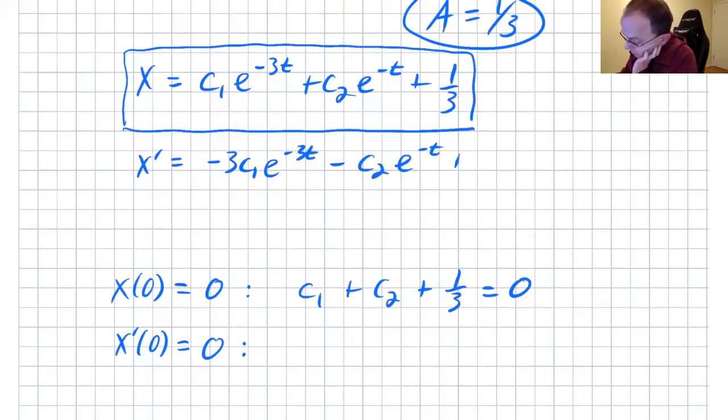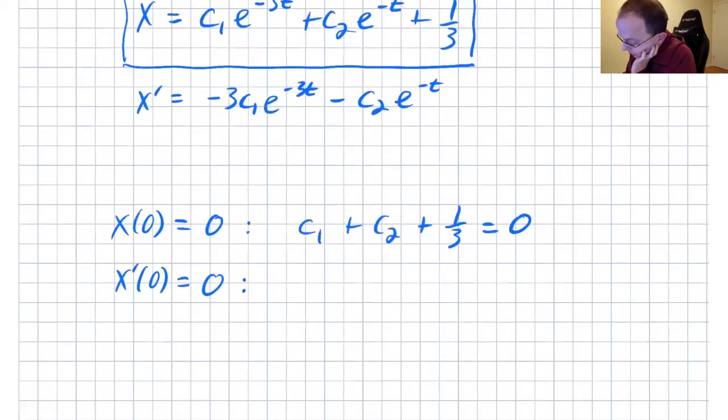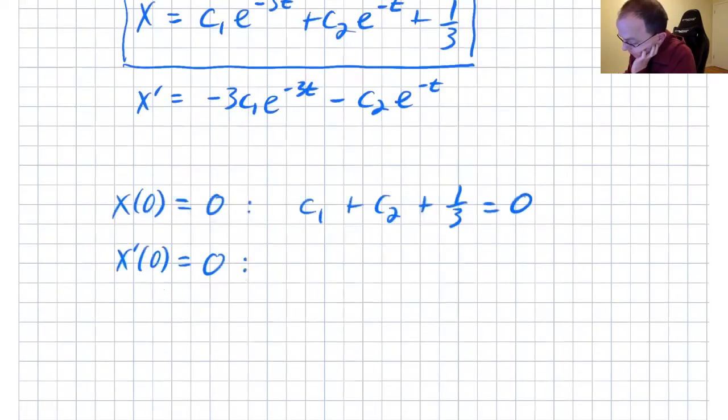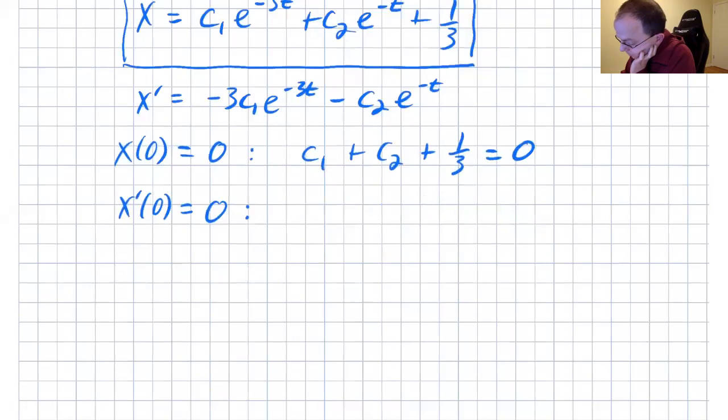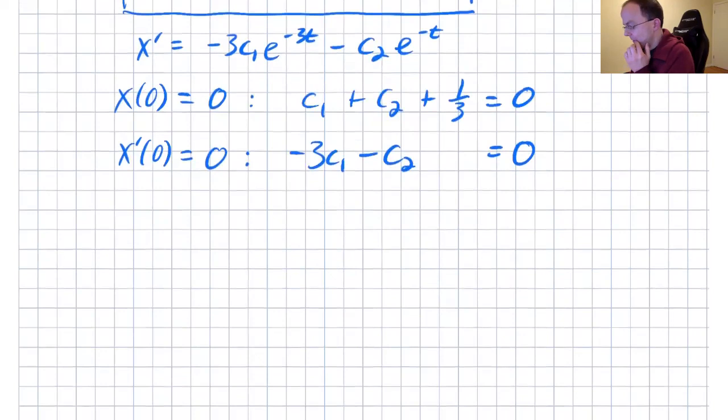Okay, so that's just that. Okay, now we're good to go. Minus 3C1 minus C2 is equal to 0.